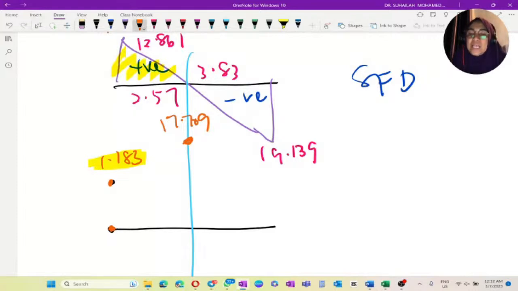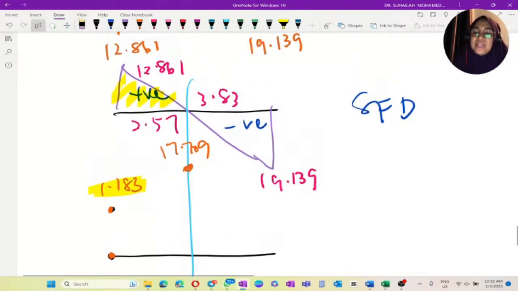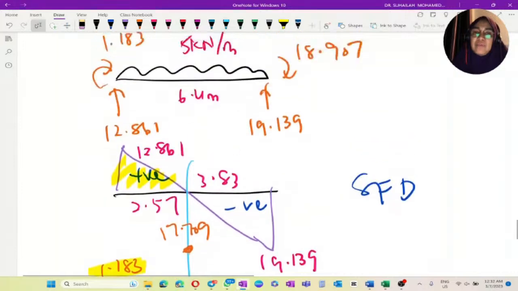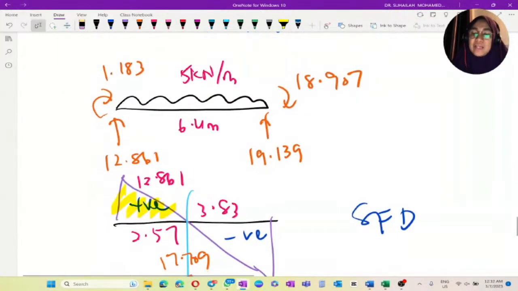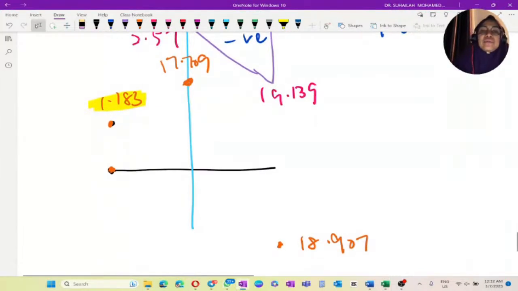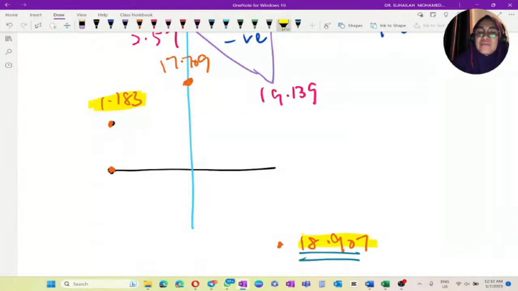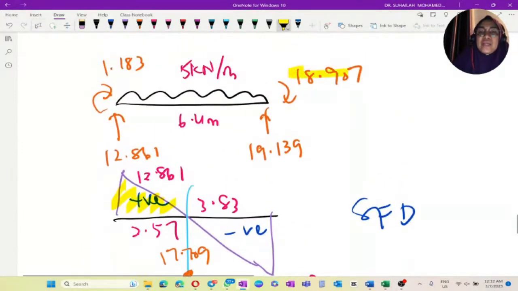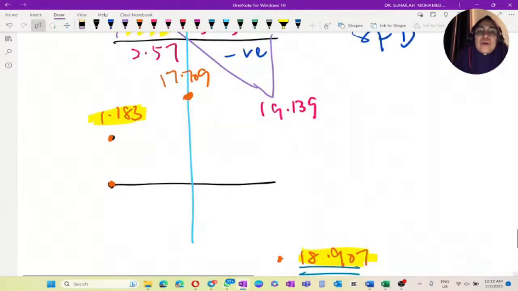It is negative. We get negative 18.9, which is equivalent to this negative side. Why it is negative? Because this negative value, when we plus with the positive here, we will get back to zero value.